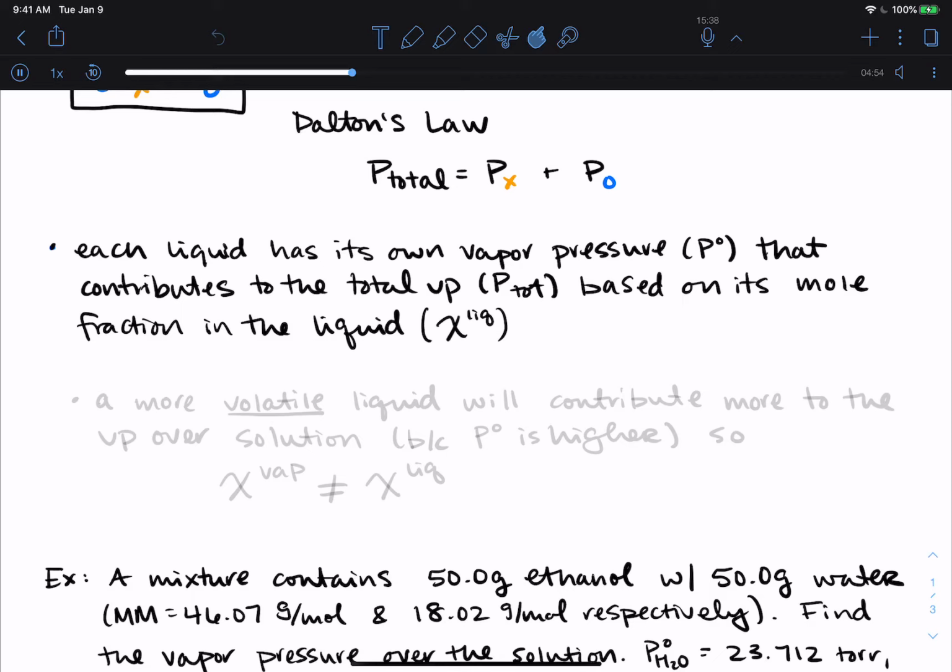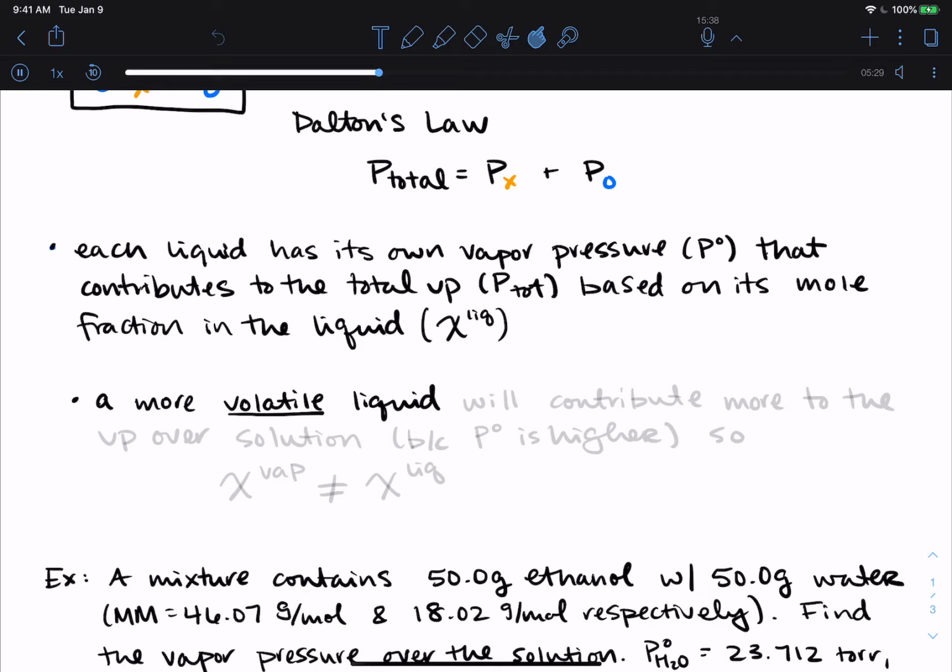And we're going to need to keep that superscript because we will often need to look at the mole fraction in the vapor, and so we need a way to designate those. Now, the reason that we need to do that is that a more volatile liquid, remember this term came up when we were talking about intermolecular forces.